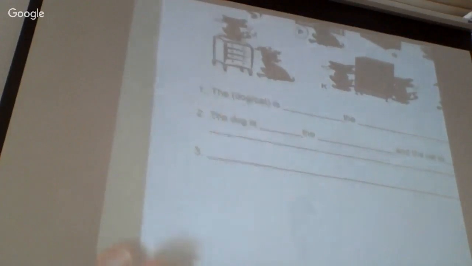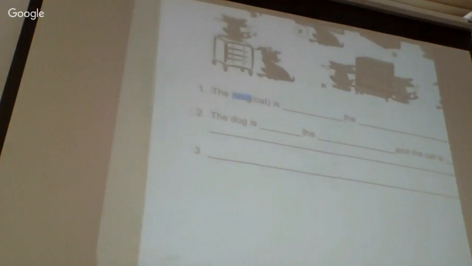So the dog, I'm going to highlight dog. I want to highlight dog in blue because the dog is the noun that I am describing. So I highlight dog in blue. In this line here is going to be the preposition. Where is the dog?